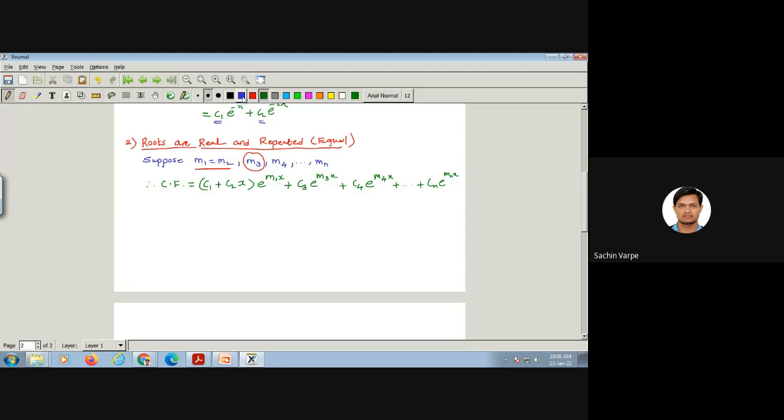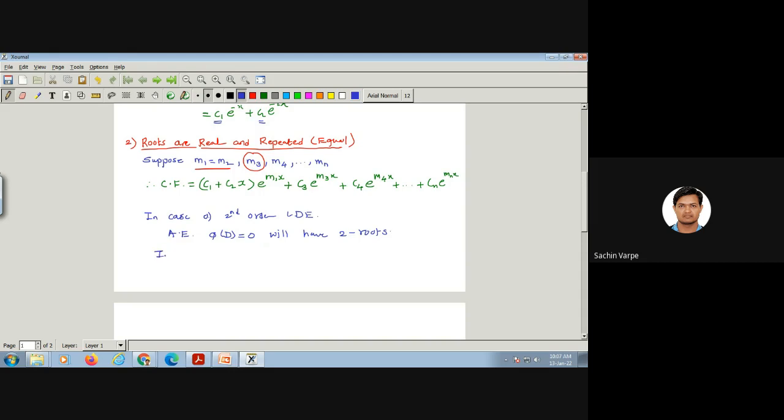Suppose in case of second order LDE, its auxiliary equation phi of D equal to 0 will have how many roots? Hmm? It will have two roots, right? So we consider both of these two roots are repeated.